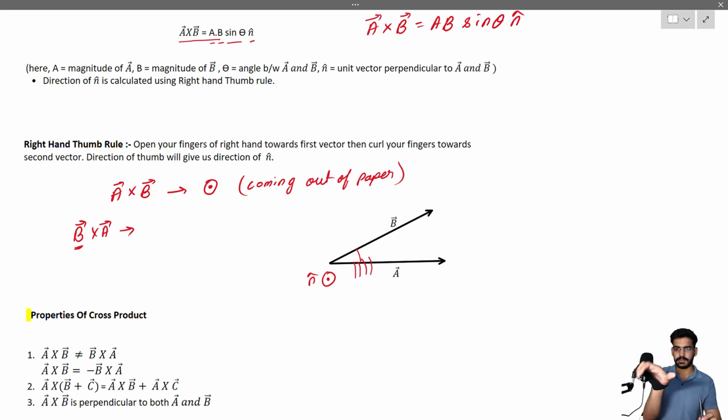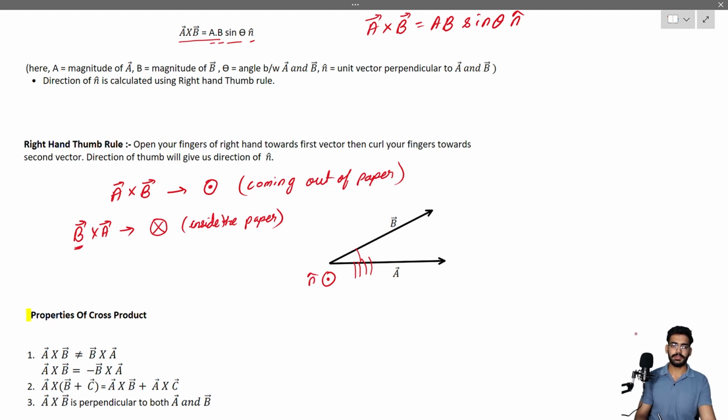Curl your fingers towards the first vector, then go towards the second vector, then your thumb is going to tell you the direction of n cap. So n cap is coming inside the paper. Okay, so how do we denote inside the paper? Like this, a cross. So this is your B cross A.